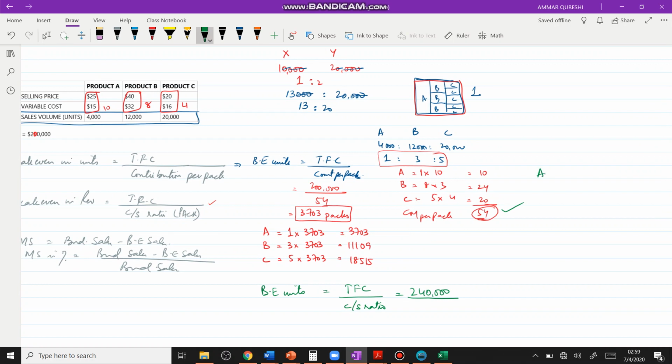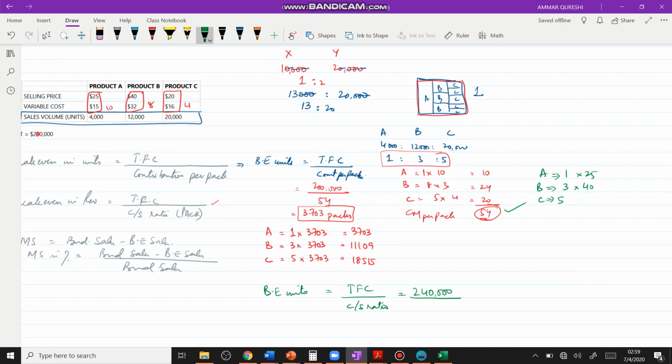So we have 1 unit of A, and the selling price of this product is 25. We have 3 units of product B, multiplied by 40. How many units of C? 5 units of C, and the selling price is 20, right?